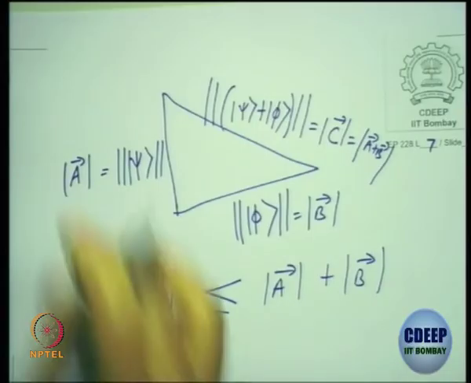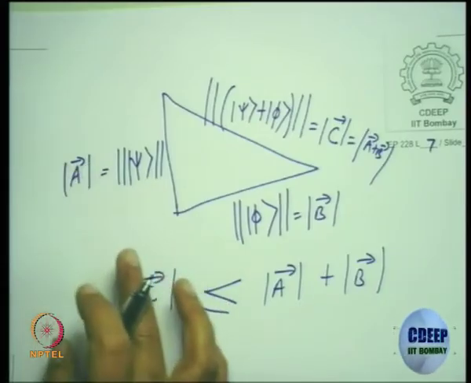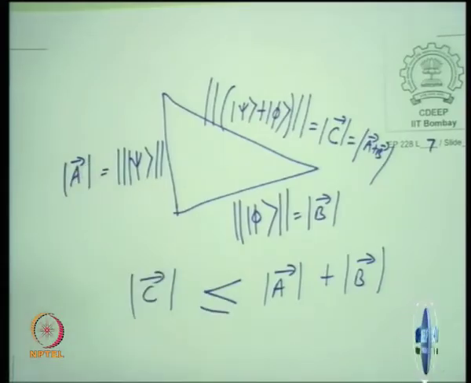I am just mapping it. Whatever I have written here is also true for an abstract notation in any dimensional vector space, complex or real, it does not really matter. But this property will be satisfied. What is the property?